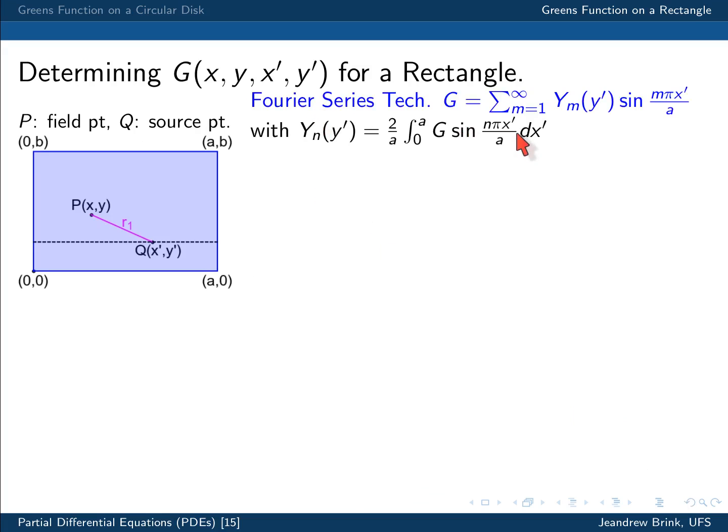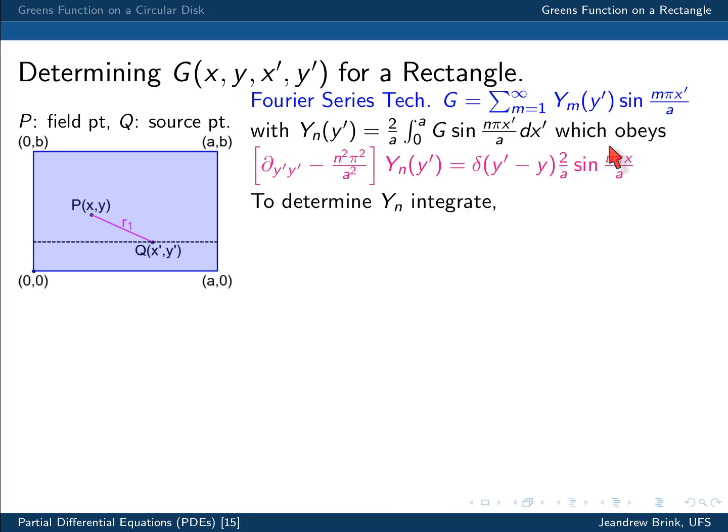So this just summarizes what we've done so far. We've expressed g as a sum of two functions of the different variables y prime and x prime, and we have found yn of y prime as an integral of g multiplied by sine n pi x prime dx prime, and we know that yn of y prime obeys this differential equation.